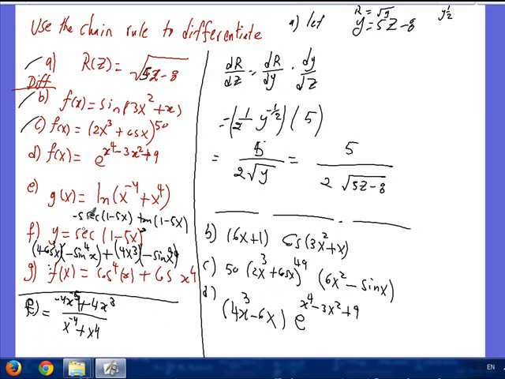For these problems, we know the derivative of the root is 1 over 2 the root, multiplied by the derivative of what's inside the root. So r dash of z will be 1 over 2 root 5z minus 8, and in the numerator will be 5.